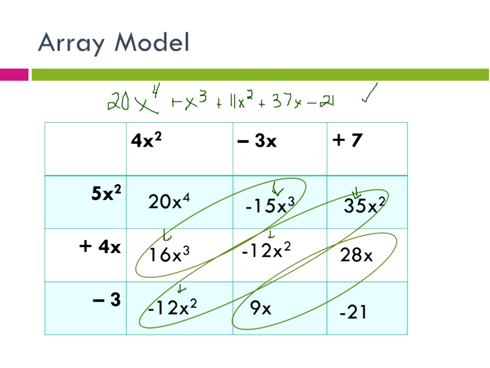And I'm left with negative 21 at the end. So this array model is just one way to keep your multiplication organized when multiplying polynomials together.